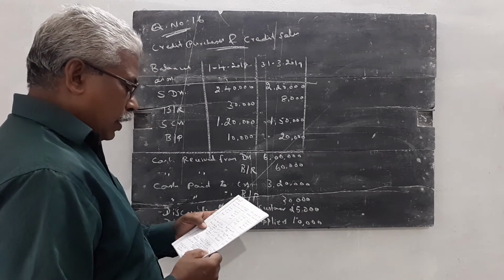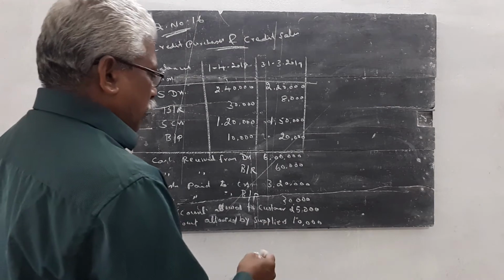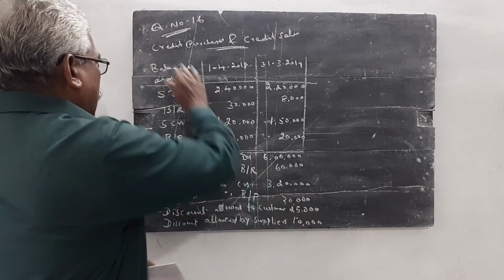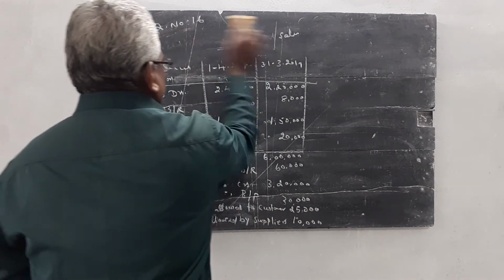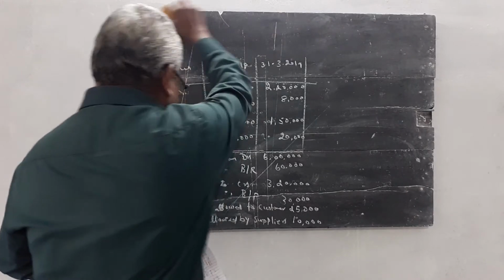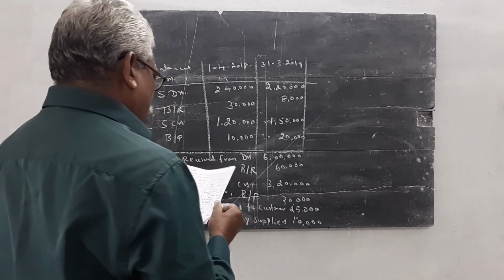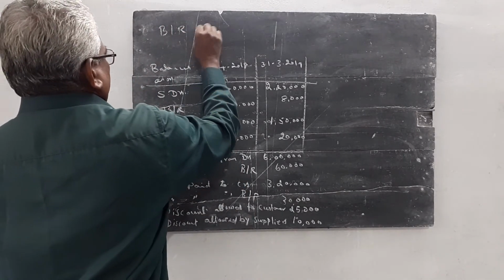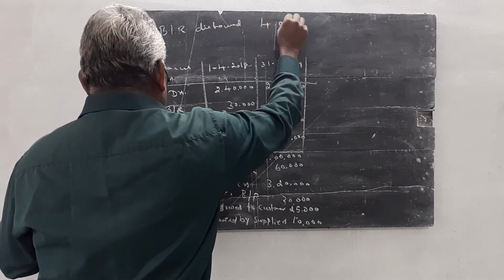Then we have two more points. Bills receivable dishonored 4,000.